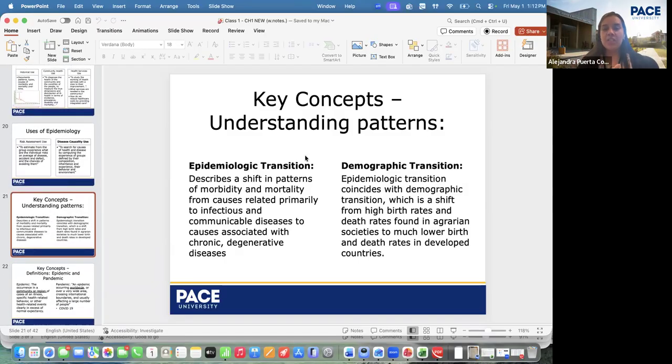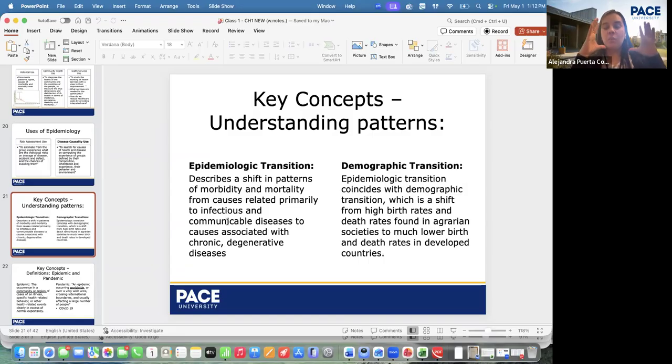Okay, epidemiologic transition and demographic transition. Do you guys remember this one? No? So the epidemiologic transition is just the different patterns in morbidity and mortality because of the diseases. So for infectious diseases, for communicable diseases, we moved from a lot of infectious diseases in the past, and now we're in a more chronic disease era.